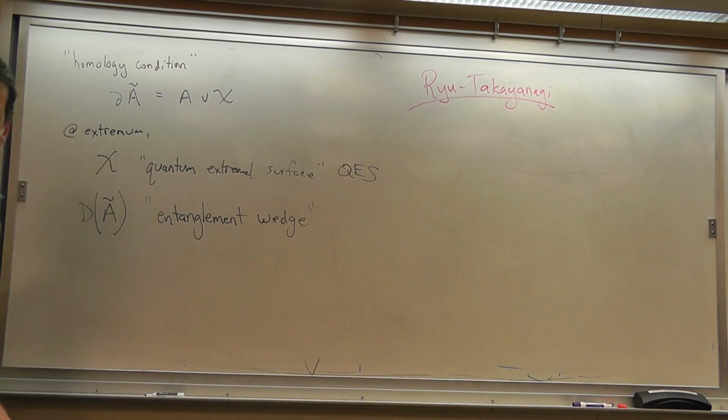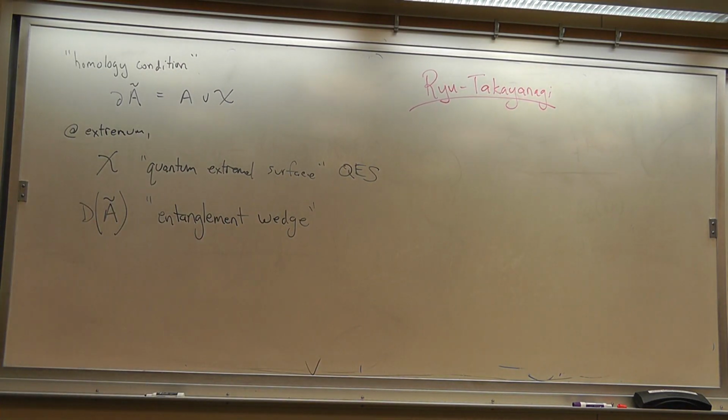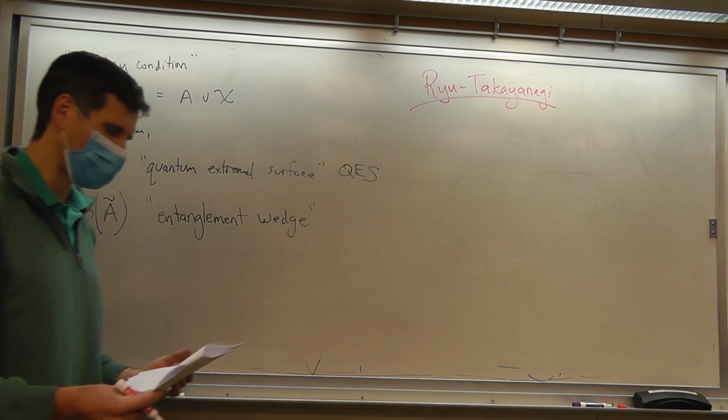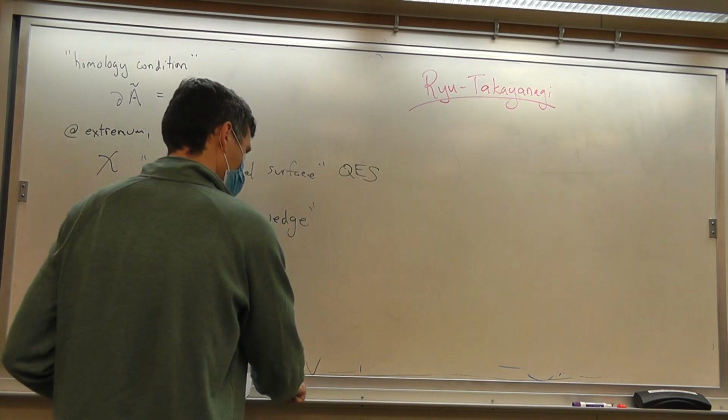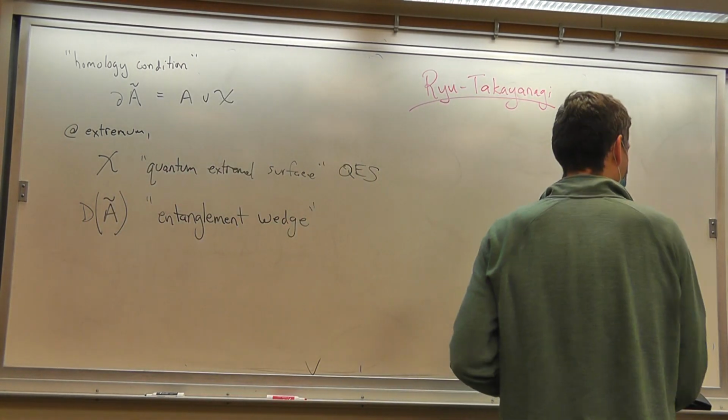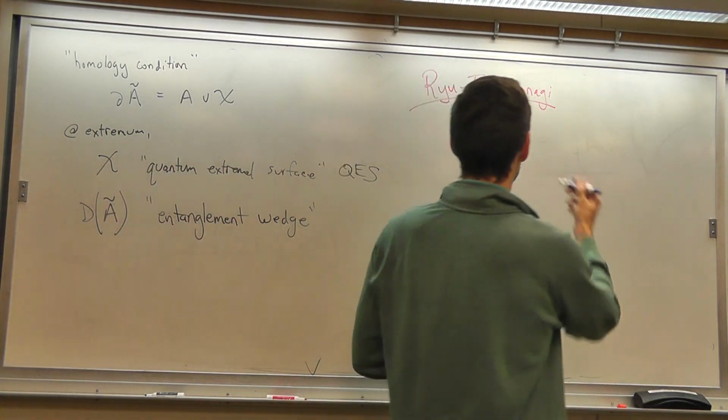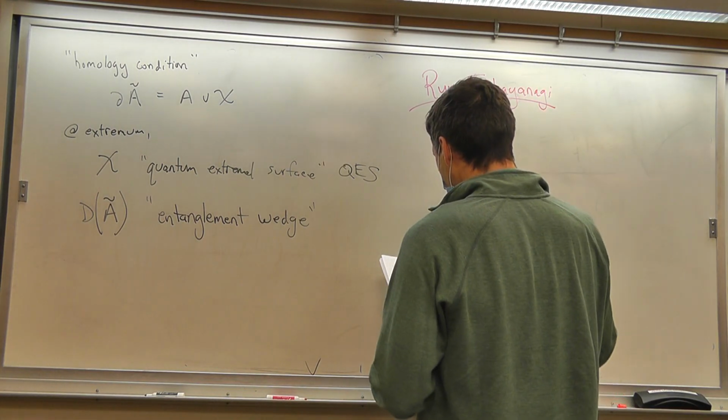This has all been discovered in the last 15 years or so, and it's still settling down, and the terminology is still settling down. This formula happened in many steps by many different people. But the original version was called the Ryu-Takayanagi formula after its authors, Ryu and Takayanagi.